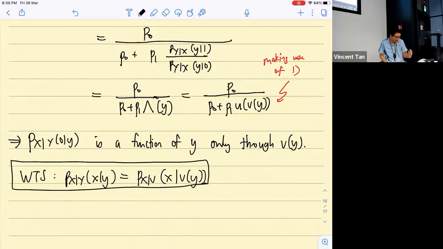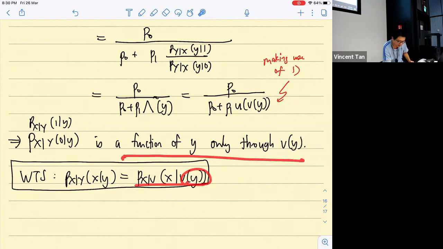So what it's saying is that p of x given y, 0 given y, is a function of y only through v(y). And of course, the same is true for p of x given y, 1 given y, by symmetry. So we can basically rewrite this, which is this when x is equal to 0, as p of x given v(y), because we have already made this statement, it is a function of y only through v(y).